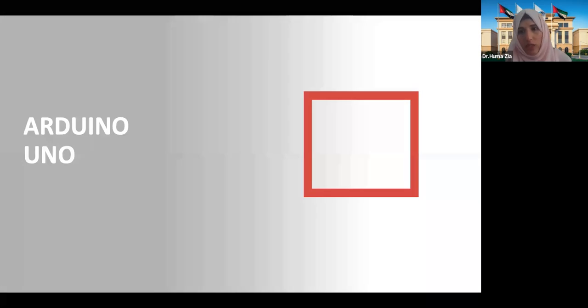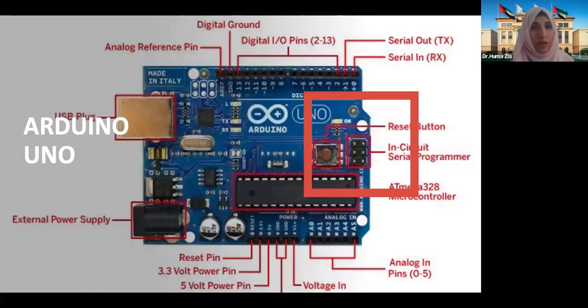It has 14 digital I/O pins, of which 6 can be used as PWM or pulse width modulation outputs, like an analog output. 6 analog inputs are there. A 16 megahertz ceramic resonator is there. USB connection is there. You can attach a Bluetooth device with it. So it's a very simple and very popular microcontroller board for beginners.